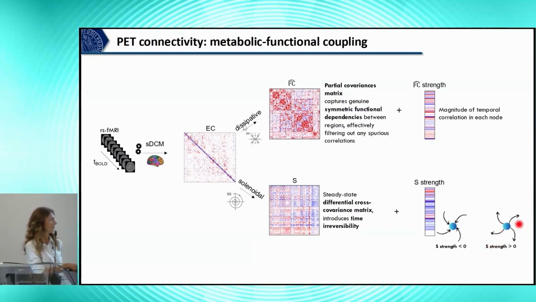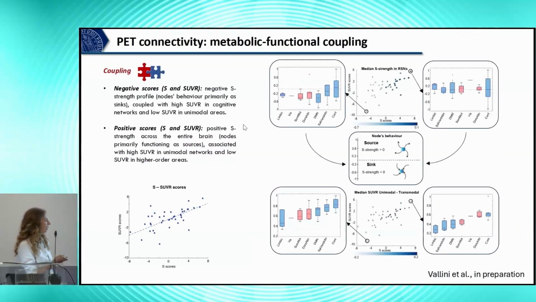If S is positive, it means that the parcel is mainly organized as a source node. Okay, so link, sink, and source.